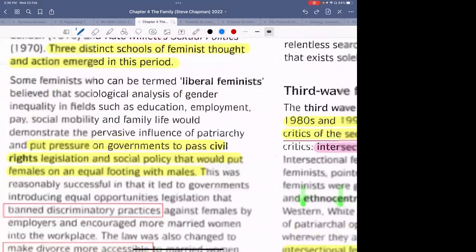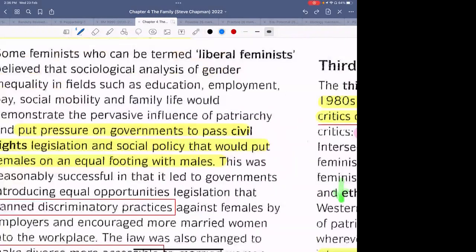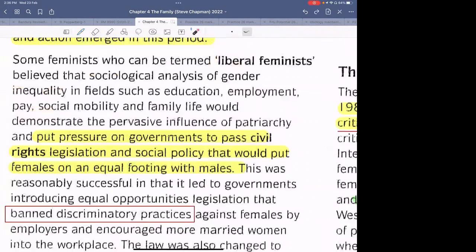Some feminists who can be termed liberal feminists believe that sociological analysis of gender inequality in fields such as education, employment, pay, social mobility, and family life would demonstrate the pervasive influence of patriarchy and put pressure on governments to pass civil rights legislation and social policy that would put females on an equal footing with the males, like I just said.